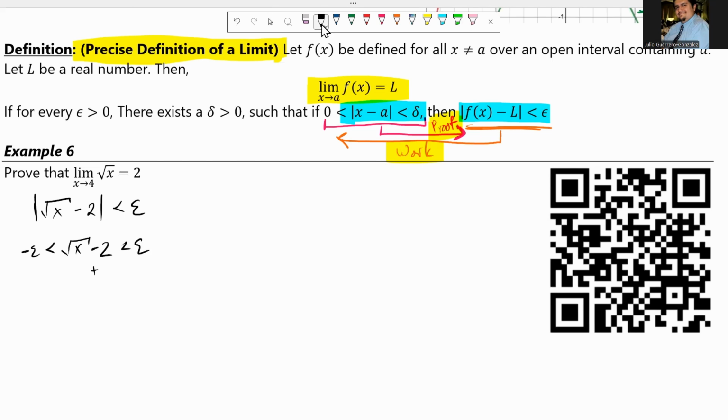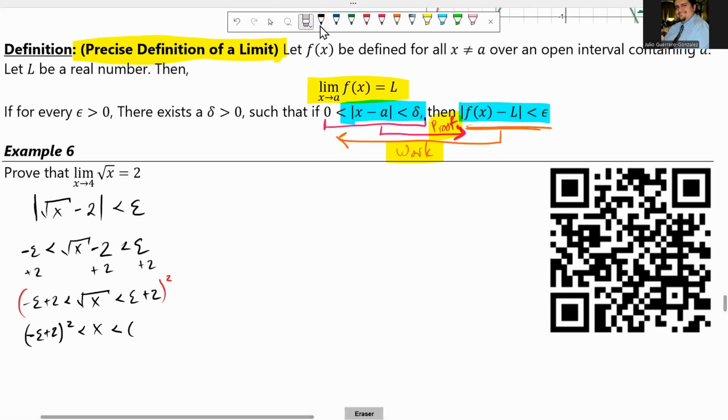So according to this, I can add 2 on both sides. So minus epsilon plus 2 has got to be less than the square root of x, which has got to be less than epsilon plus 2. Okay. I get to square both sides. So that means minus epsilon plus 2 squared is less than x, which is less than epsilon plus 2 squared.